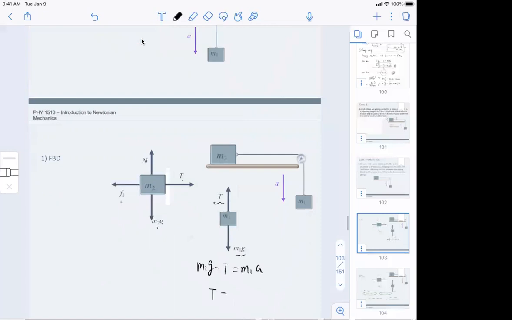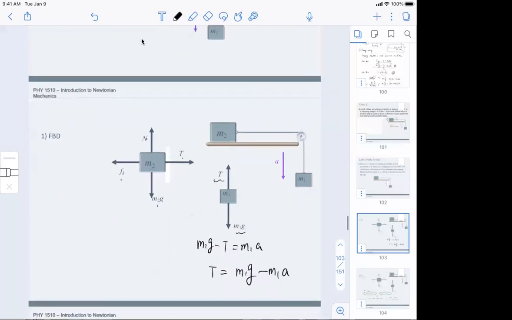So tension is always M1G minus M1A. Without friction, you have some acceleration. With friction, you have A prime, a different acceleration.